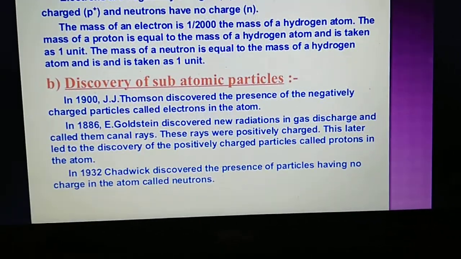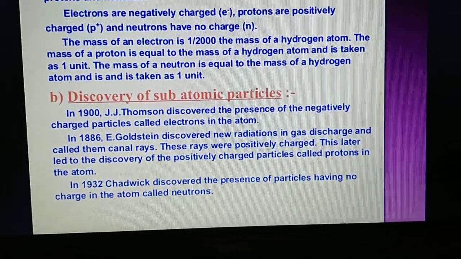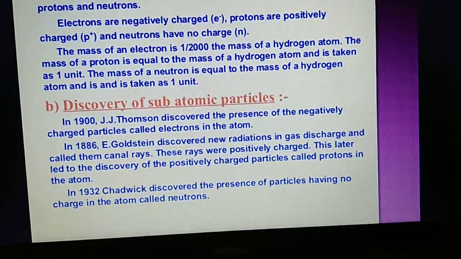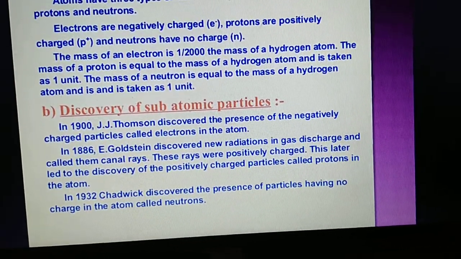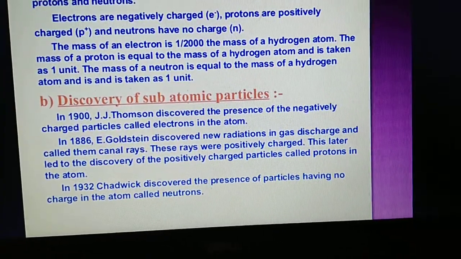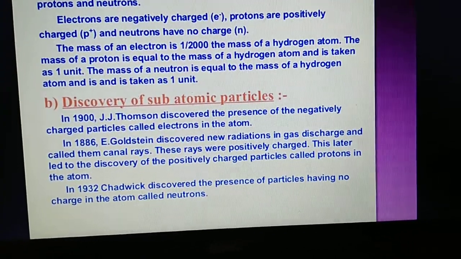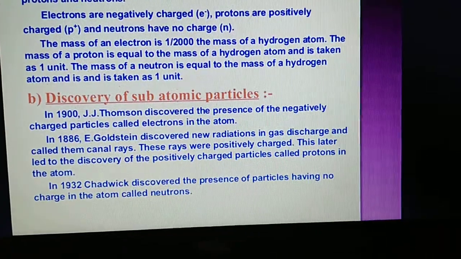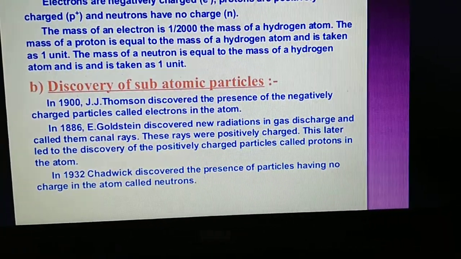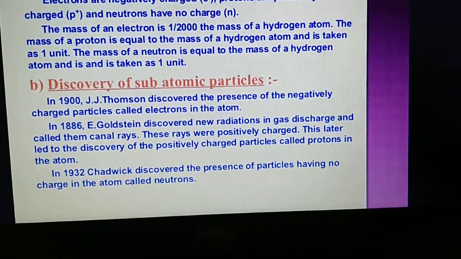In 1900, J.J. Thomson discovered the presence of negatively charged particles, called electrons, in the atom. In 1886, E. Goldstein discovered new radiations in gas discharge, which he called canal rays. These rays were positively charged. Later it led to the discovery of the positively charged particles called protons in the atom.